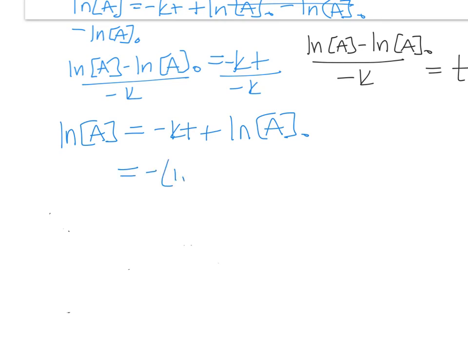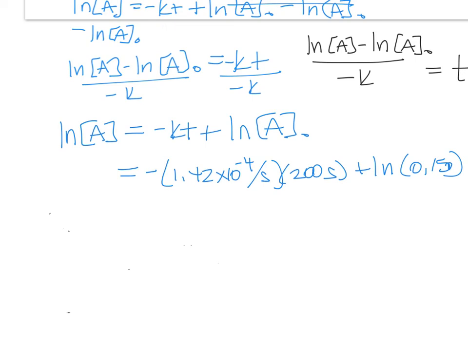Negative 1.42 times 10 to the negative fourth per second times 200 seconds plus ln 0.150. Right, and when I multiply the 200 times negative 1.42 times 10 to the negative fourth, I get negative 0.0284, minus 1.897.